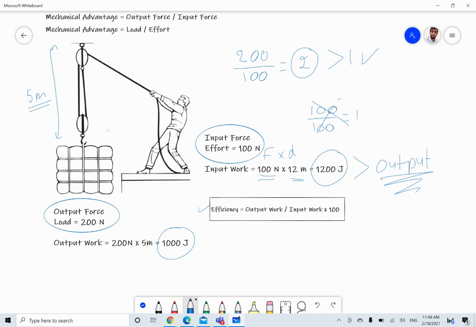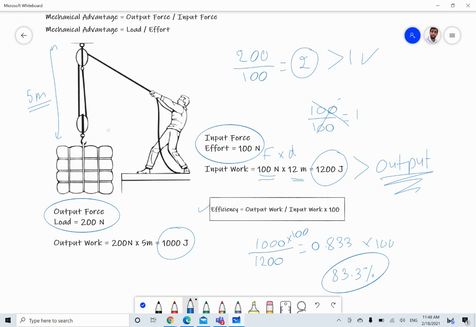So to find the efficiency, I divide 1000 over 1200 and I will get 0.833. If I multiply it by 100, I will get the answer of 83.3%. So the efficiency of this pulley is 83.3%.